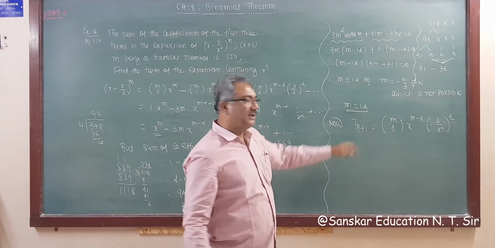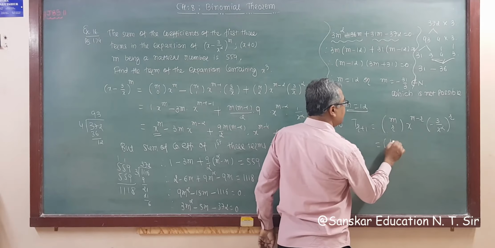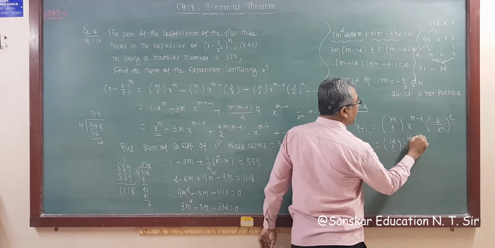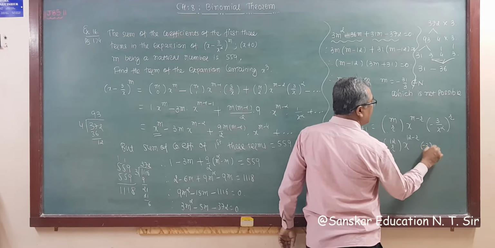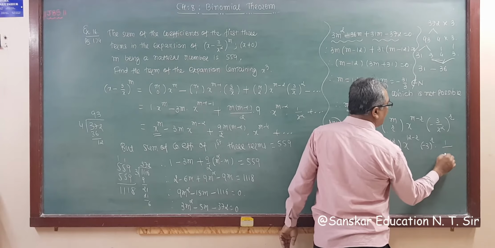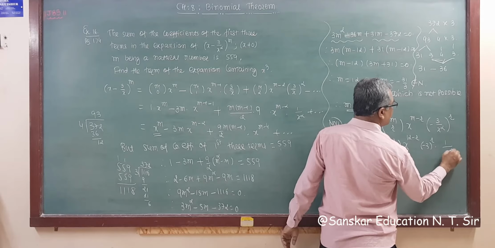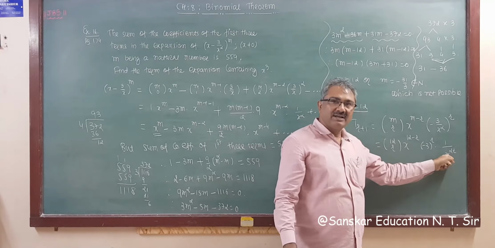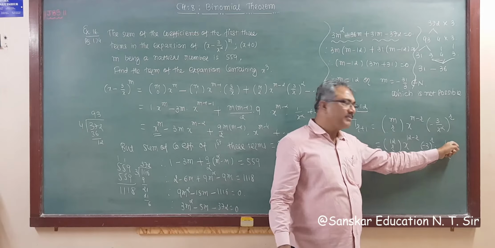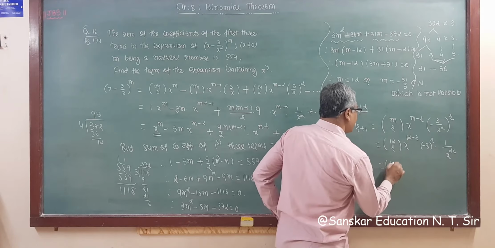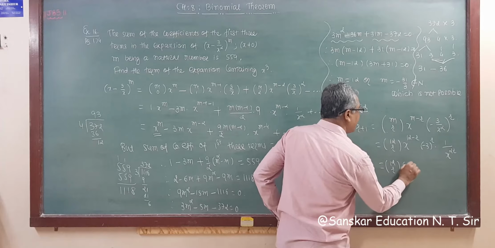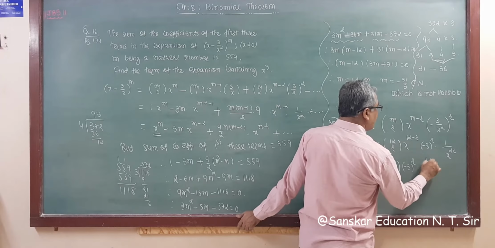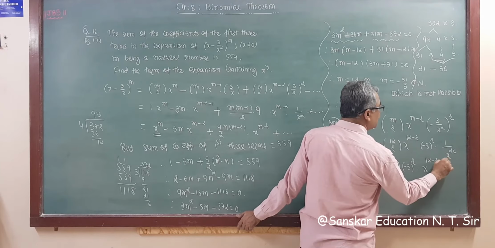Now m is 12, so substituting 12, this is 12Cr x raised to 12 minus r, minus 3 raised to r, and 1 upon x raised to 2r. Both have the same base, so taking the power to the numerator, this becomes minus. So we get 12Cr minus 3 raised to r into x raised to 12 minus r minus 2r.